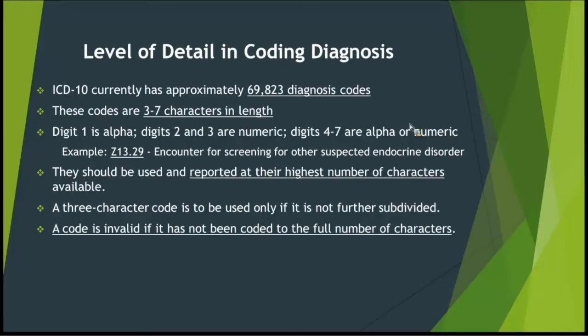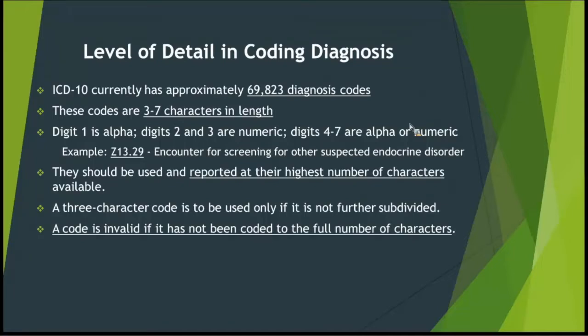Now here's the thing, if a provider chooses a diagnosis code, say Z13, and submits it, it would be considered truncated, invalid, and the claim will be denied. And why is that so? Because we have to report the code to the most specific level. Since there are additional digits that can be reported to divide the code, you've got to go as specific as the code gets.